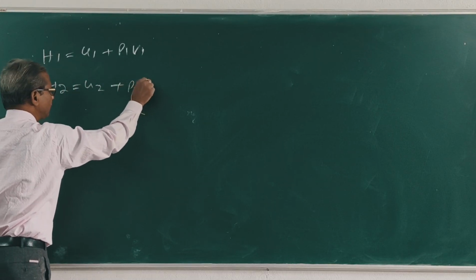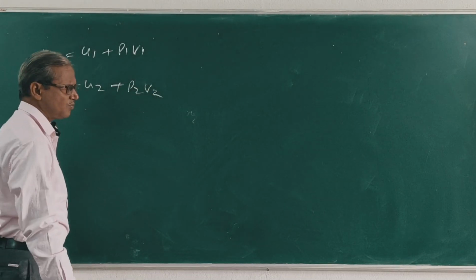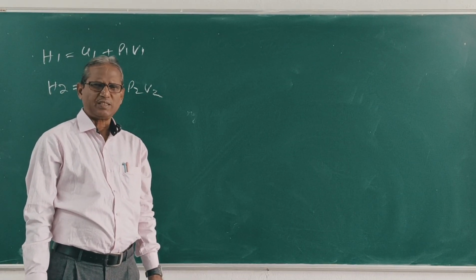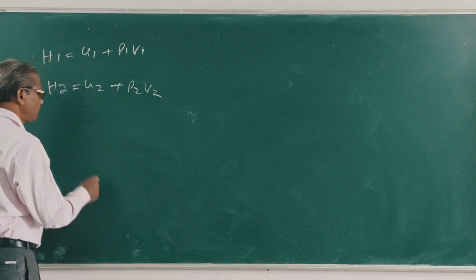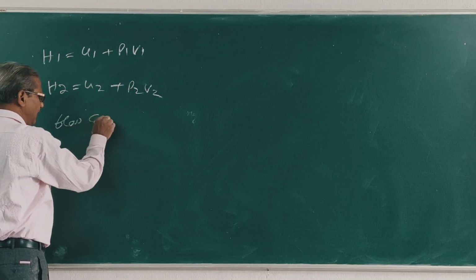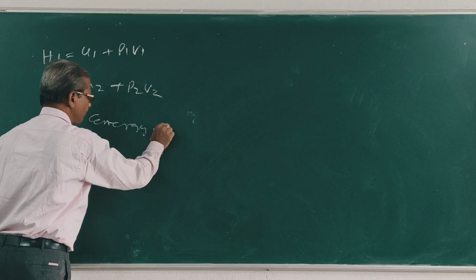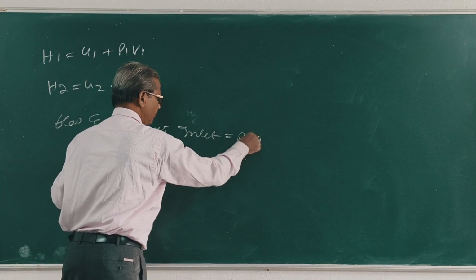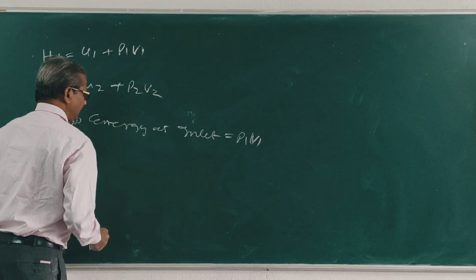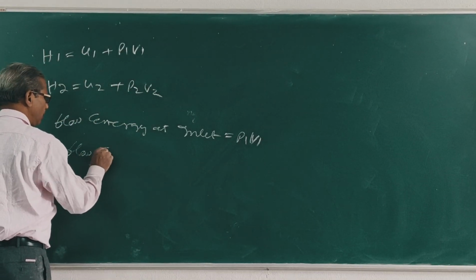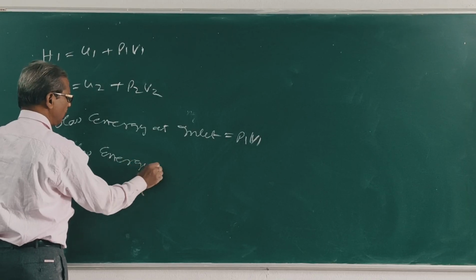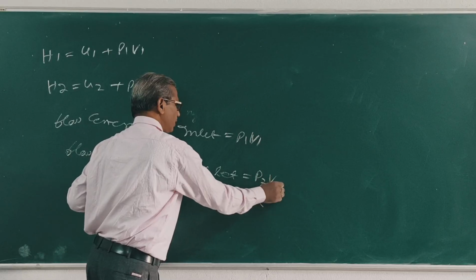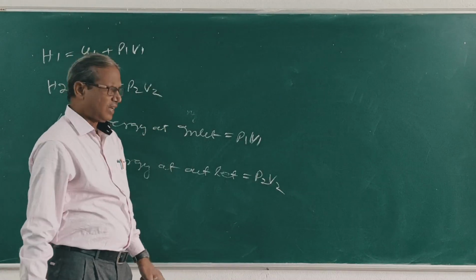U2 plus P2 V2. Clear? What is flow energy? P1 V1 is flow energy at inlet. P2 V2 is flow energy at outlet. Clear?